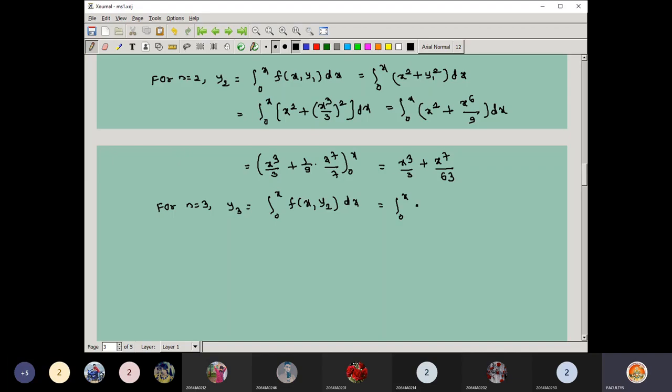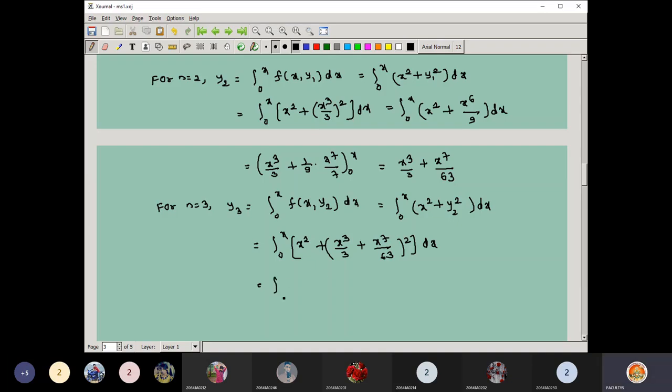Looking in the same model f of x comma y, as per your problem, x square plus y square, so it is y2 square, dx. So x square plus y2 square, already we have calculated y2: x cube by 3 plus x to the power of 7 by 63, this whole square, so overall dx.